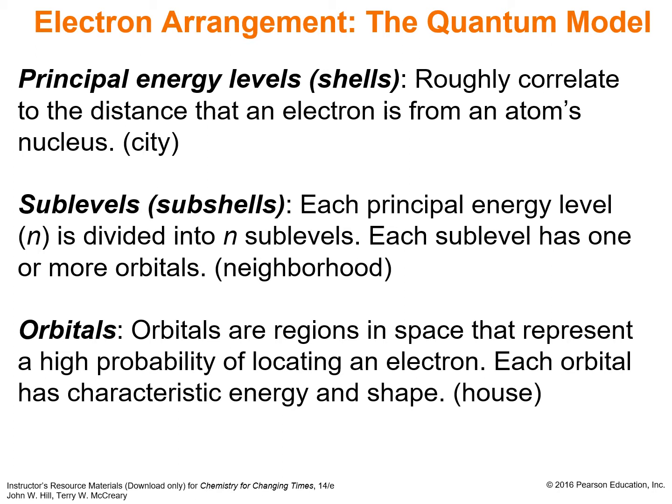Okay, so there is a city which has a particular neighborhood, and that neighborhood has a house. So think of it as principal energy level, sub-level, and then where you are living is, like if you are an electron, you're living inside your home, right? So that is the orbital.